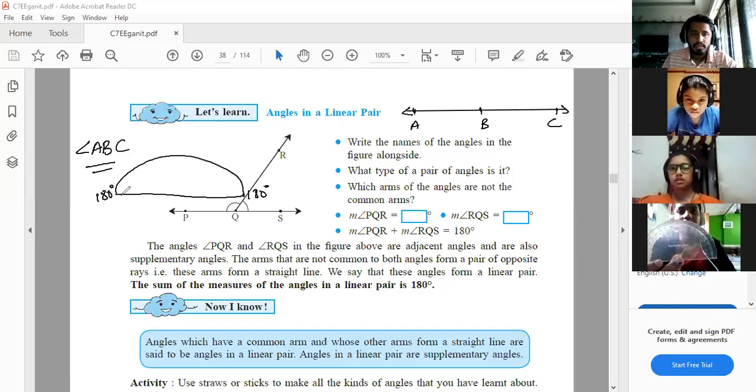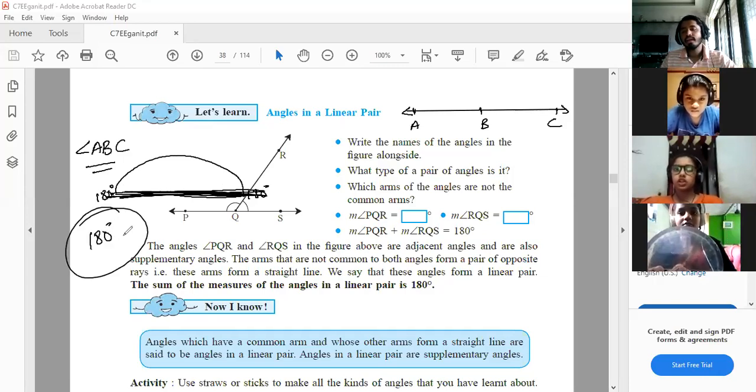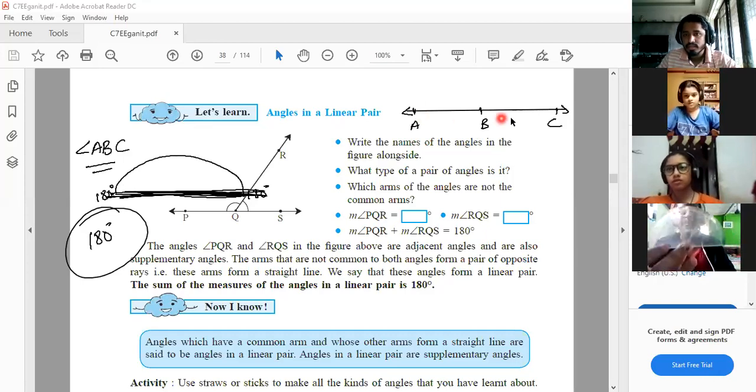Yes, so the measure of one line, if it is an angle, what is the measure? 180 degrees. So ABC is an angle also. And what is the measure of angle ABC? 180 degrees.